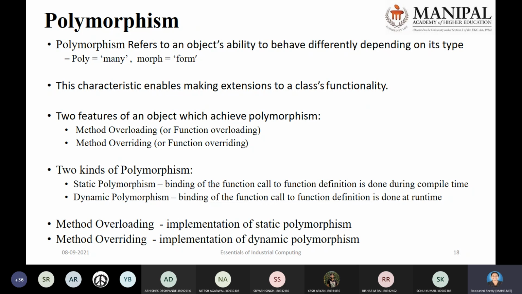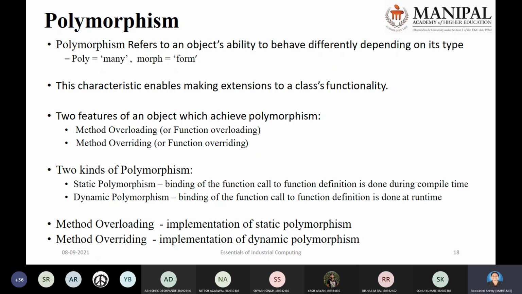When this binding happens during runtime, the polymorphism is dynamic. And based on the type of polymorphism, either method overloading or method overriding is used. When the polymorphism is static, its implementation is called method overloading. When it is dynamic, its implementation is called method overriding.